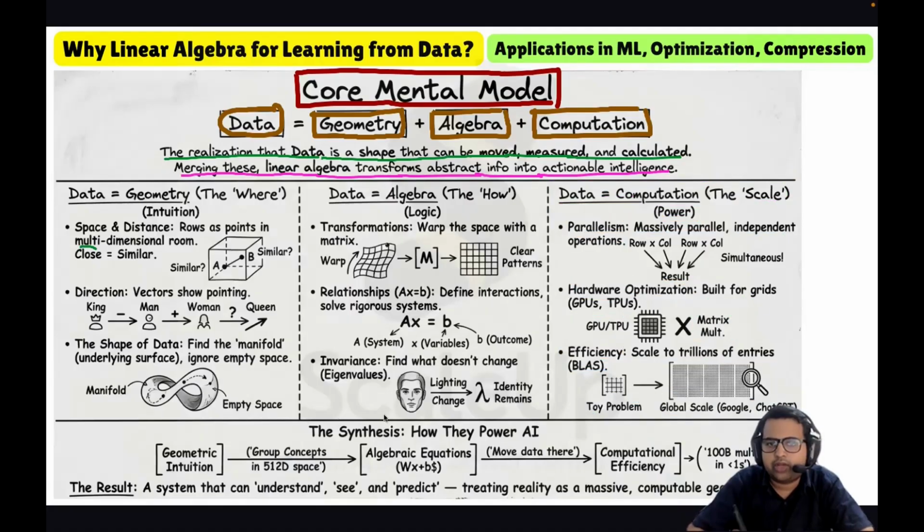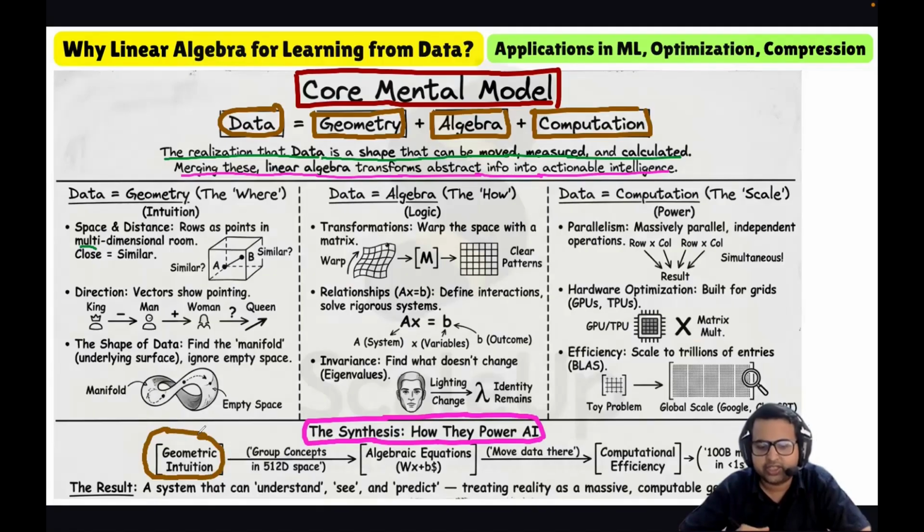Now let us look at the synthesis, how they power AI. If we combine all this together, modern AI is the perfect intersection of these three pillars: the geometry, the algebra, and the computation. The geometric intuition tells the researcher, I want to group similar concepts together in a 512 dimensional space.